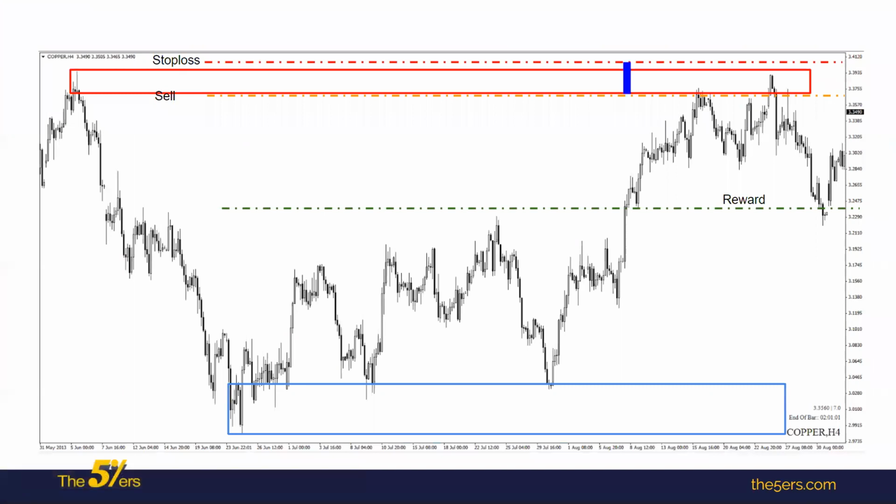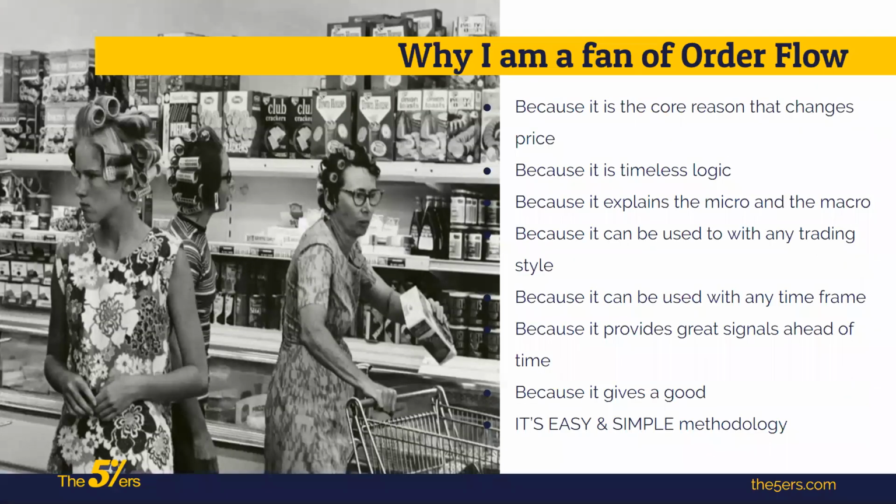So we're about at the end of our presentation, and I want to recap for you why I am so happy and feel fortunate to be an order flow supply and demand trader. First is because it gives me all the explanations and all the reasoning for why price is turning.